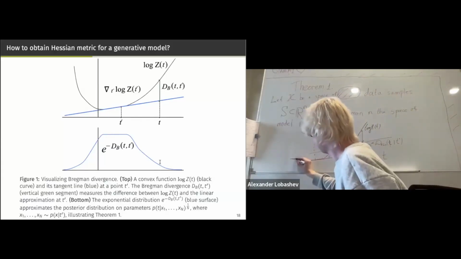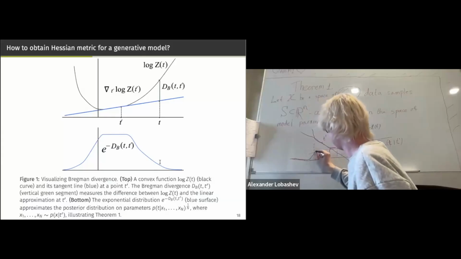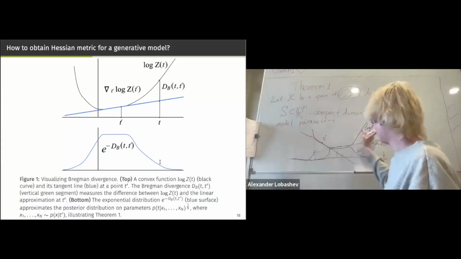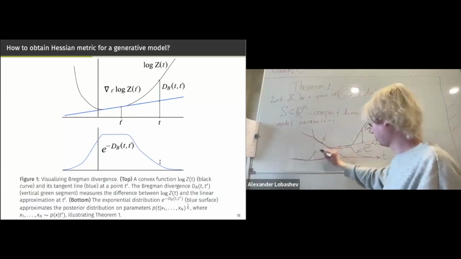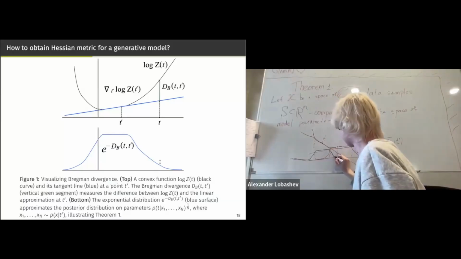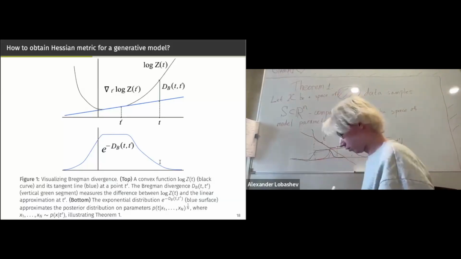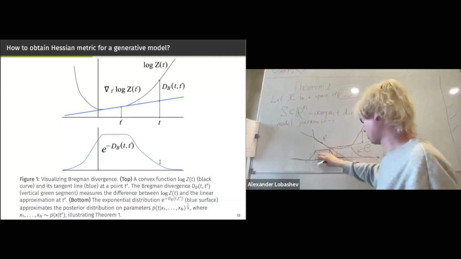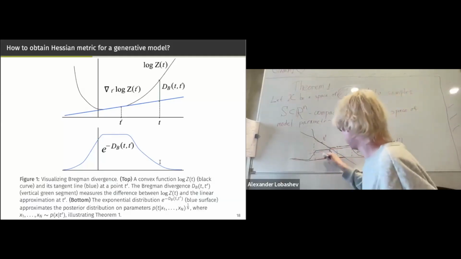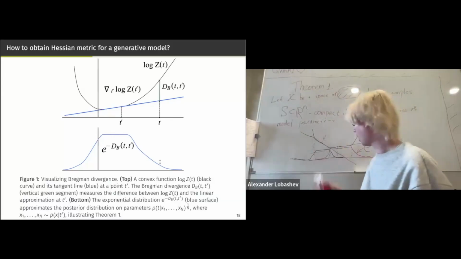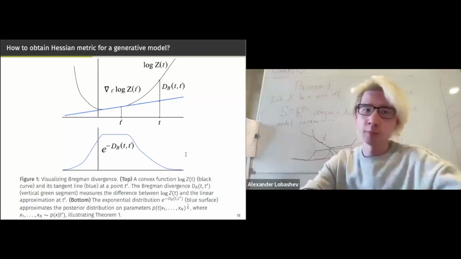And here we have a posterior distribution which concentrates near the region where the convex potential coincides with its tangent line. So here we have another region where the tangent line coincides with our convex potential.